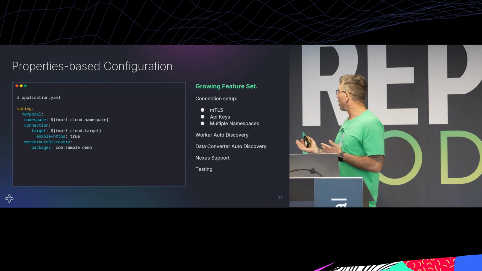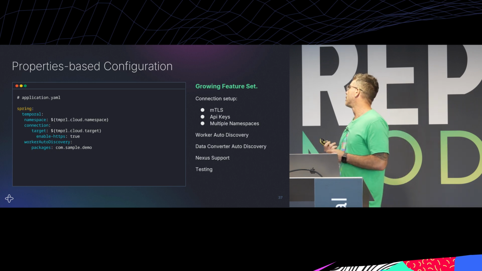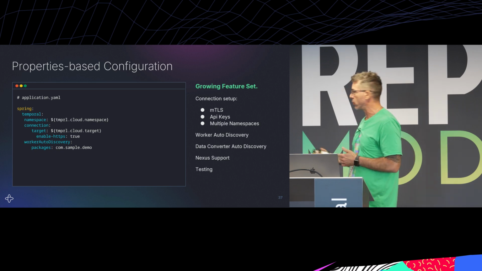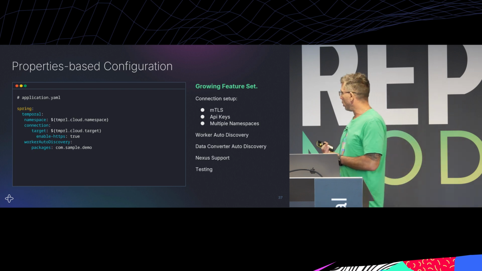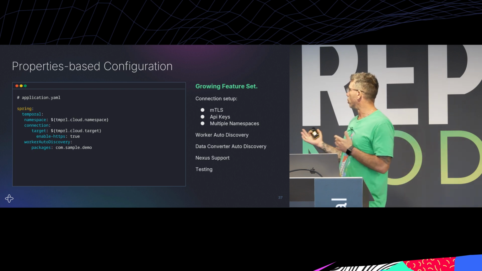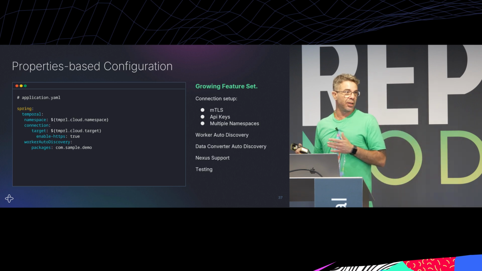So one of the features that the Temporal Spring Boot starter brings is properties-based configuration that with Spring we're all used to. So we can basically configure our Temporal namespaces, our connection to one or multiple targets.